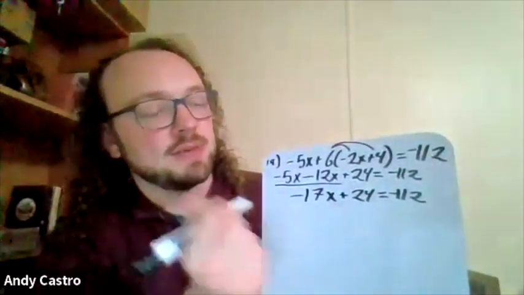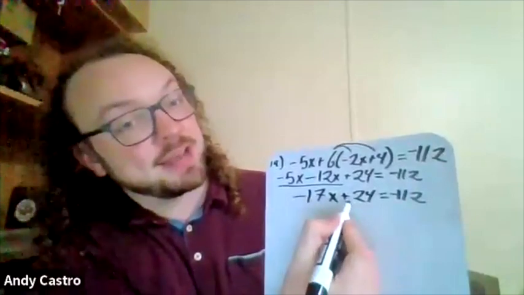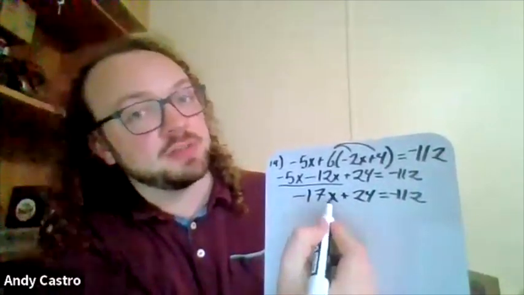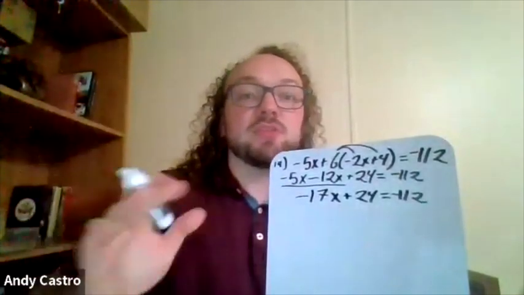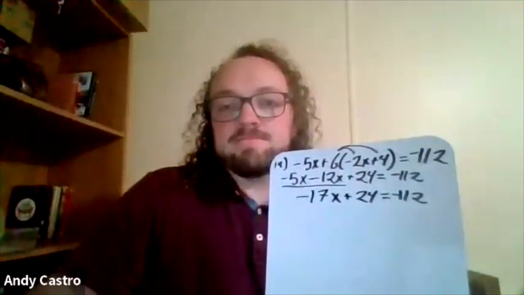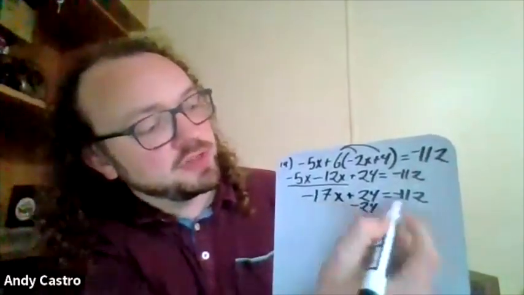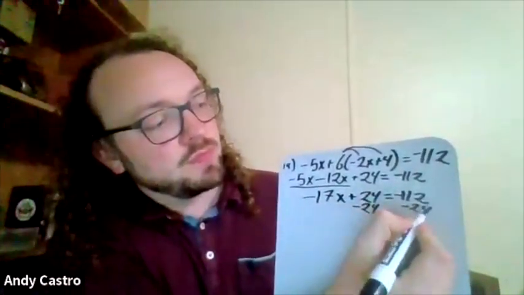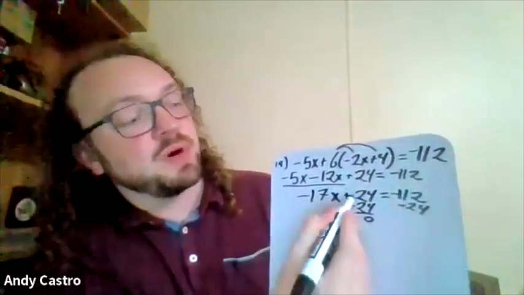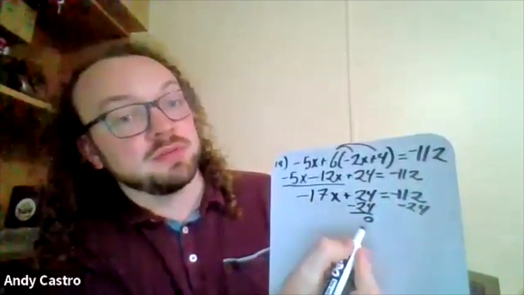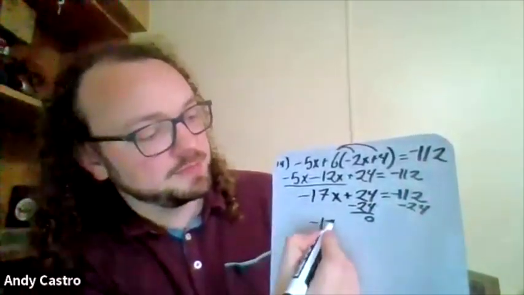Now, I've got to get rid of this 24. I'm adding 24 to my x terms. So in order to get rid of that 24, I'm going to subtract it. So I'm going to subtract 24 from both sides. So on this side, I've got positive 24 minus 24 will give me 0, leaving me with -17x.